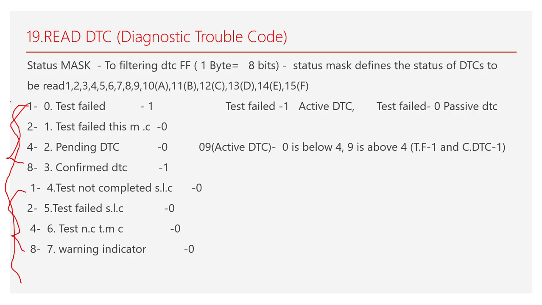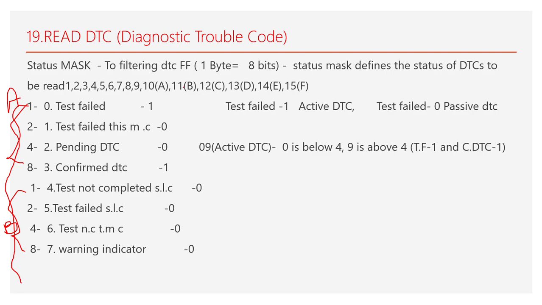This is part A, and this is part B. In these two parts, first is the test field, and we have different fields. Based upon these fields, we know which DTC we are reading, active DTC or passive DTC. So it is based upon the test field.